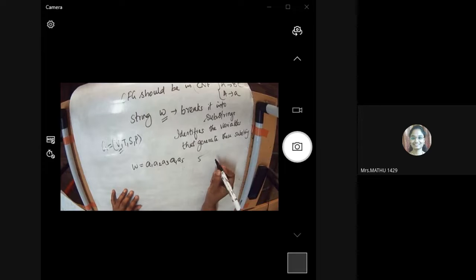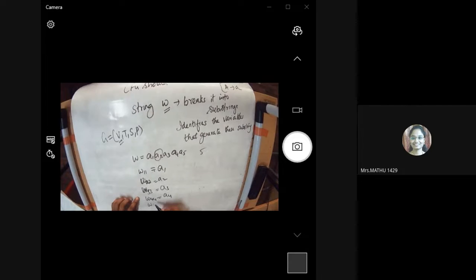The substrings are generated first in the form of single length substrings. So W11 is equal to A1, then A2. We are just splitting it into single length substrings.